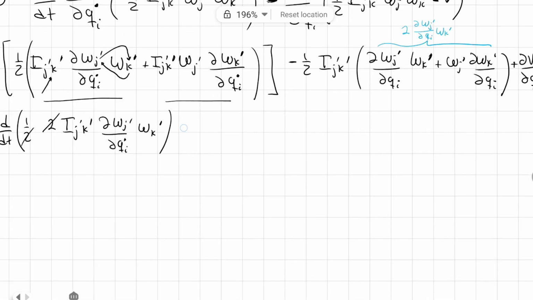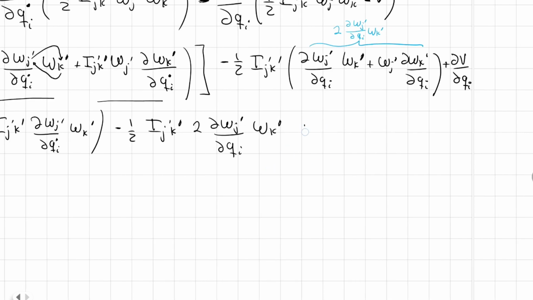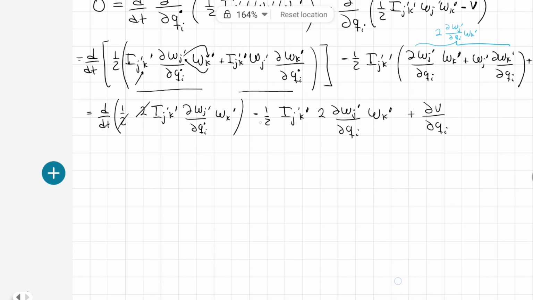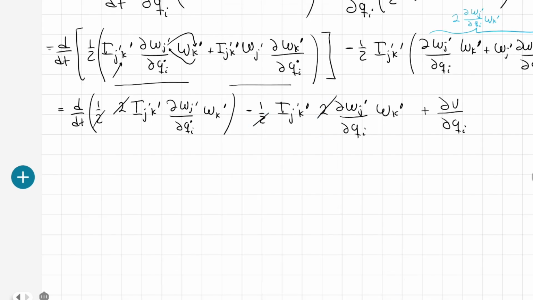So we will have minus 1/2 the inertia tensor components jk, 2 times the derivative of omega j with respect to qi omega k prime, plus the derivative of b with respect to qi. Perfect. Again, we can cancel these 2's.